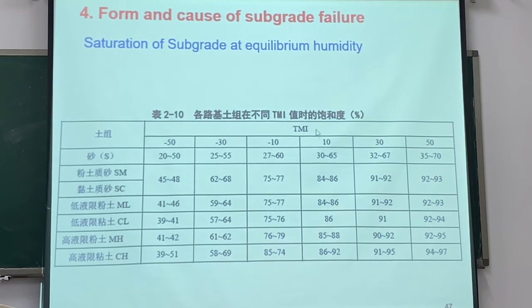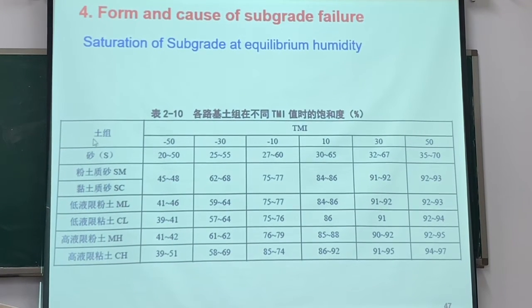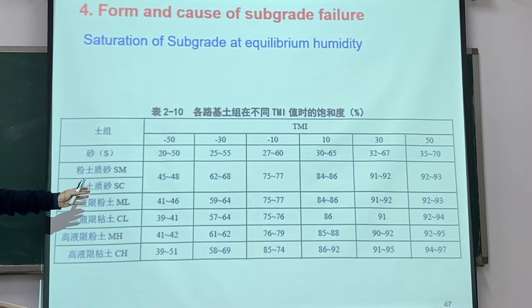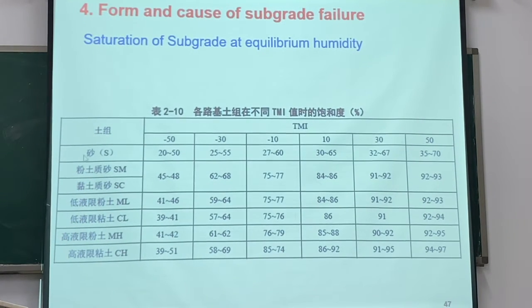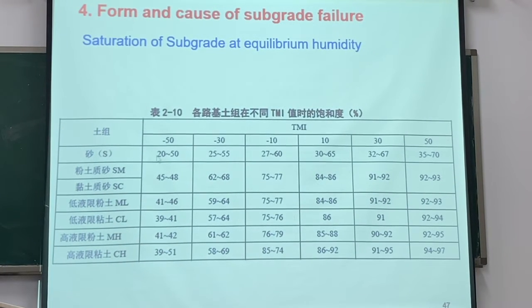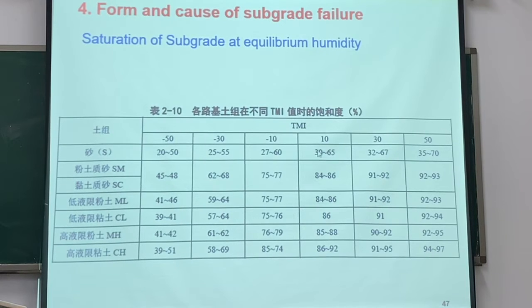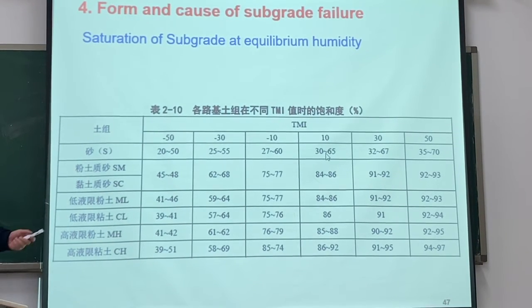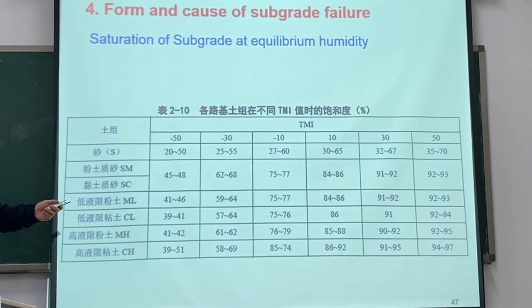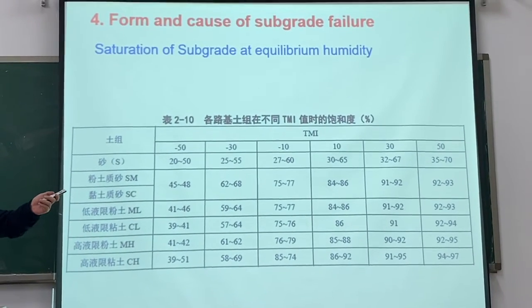When we know the TMI and the soil group, for example, for sand, and TMI is 10, the saturation is 30 to 65%. So this is for dry subgrade.